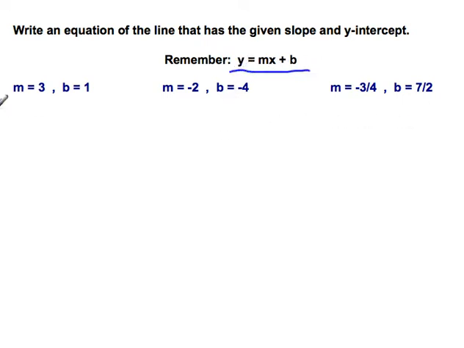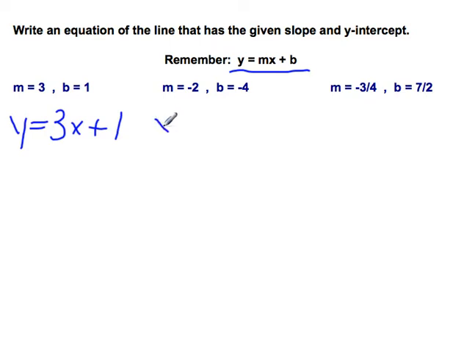So I'm going to write this as y equals 3x plus 1. Next up, m equals negative 2, b equals negative 4.